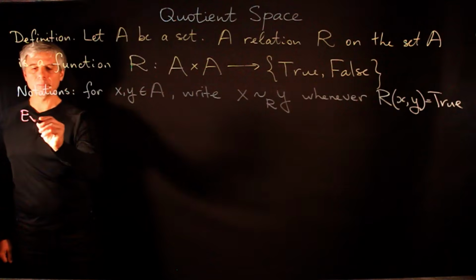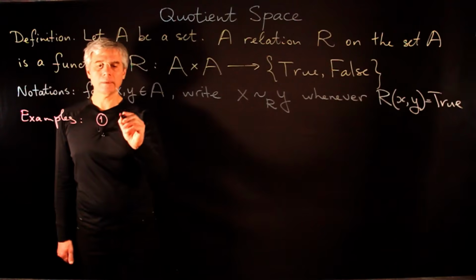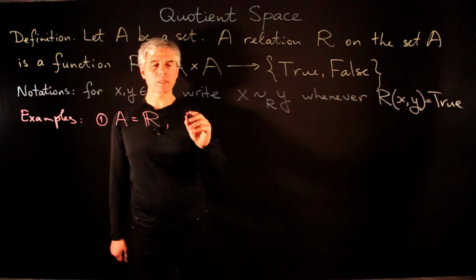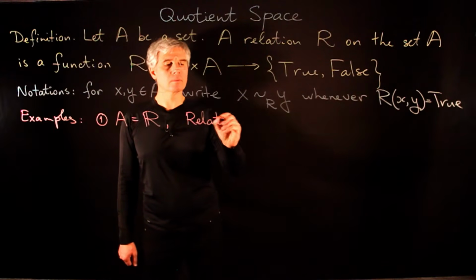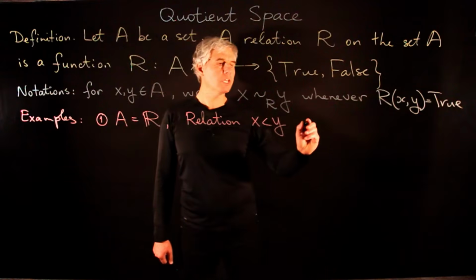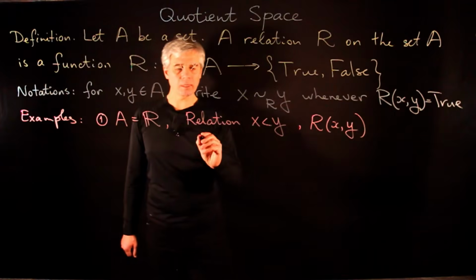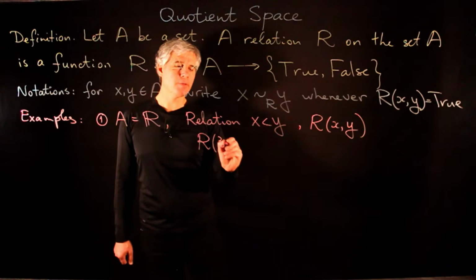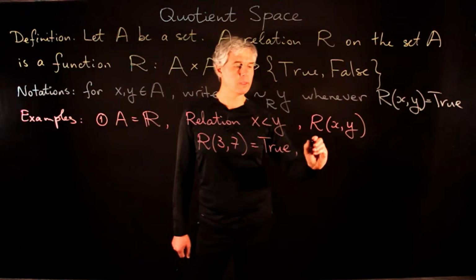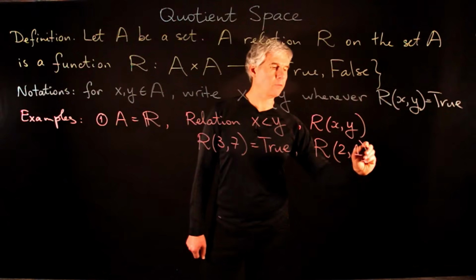Let's give a couple of examples. Take A to be the set of real numbers and consider the relation x is less than y. If we write this relation as R(x, y), then R(3, 7) is true and R(2, 1) is false.